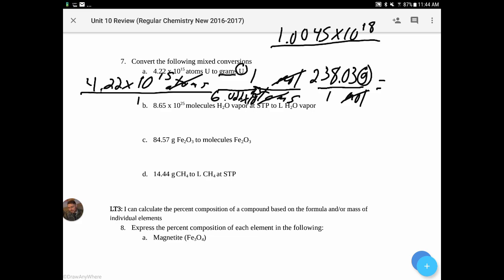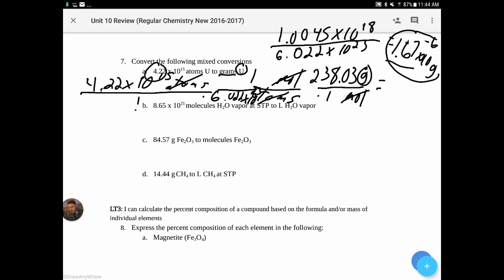And then our number on bottom is 1 times 6.022 times 1, so that's just going to be 6.022 times 10 to the 23rd. And that is going to give us 1.67 times 10 to the negative 6th grams of uranium, and that is our final answer. We only have 3 sig figs because our problem only has 3 sig figs.